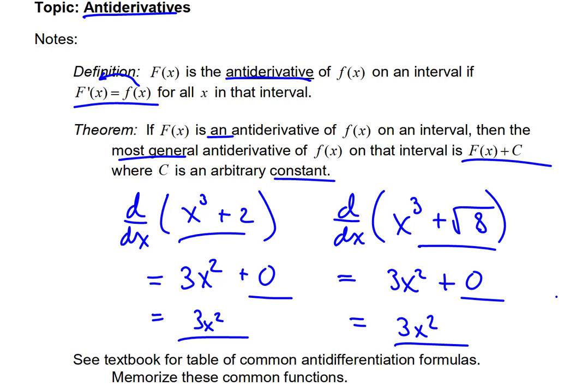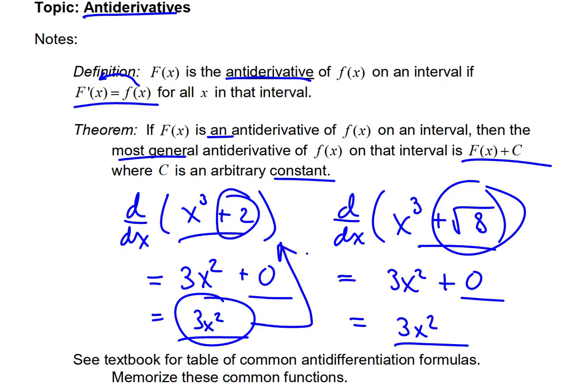Now, because of this, when we're going backwards, which is what we do when we do antiderivatives, we don't know what that constant was. Think about it. In these two examples, if I start at 3x squared and work my way backwards, this function was x cubed plus 2, but this function was x cubed plus the square root of 8.